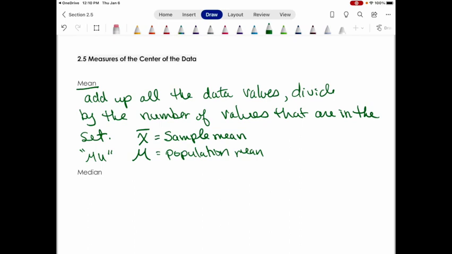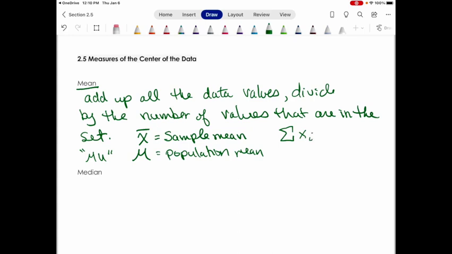Now, you might see more notation on how you actually calculate the mean. If you see this symbol, this is sigma, and that is just a symbol for sum, which means add up all the values. So you might see the mean described using an equation, which will look like this.